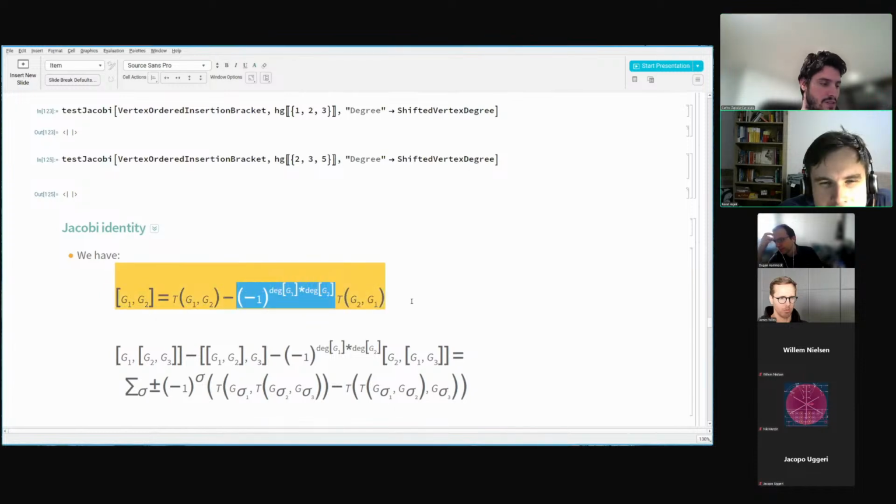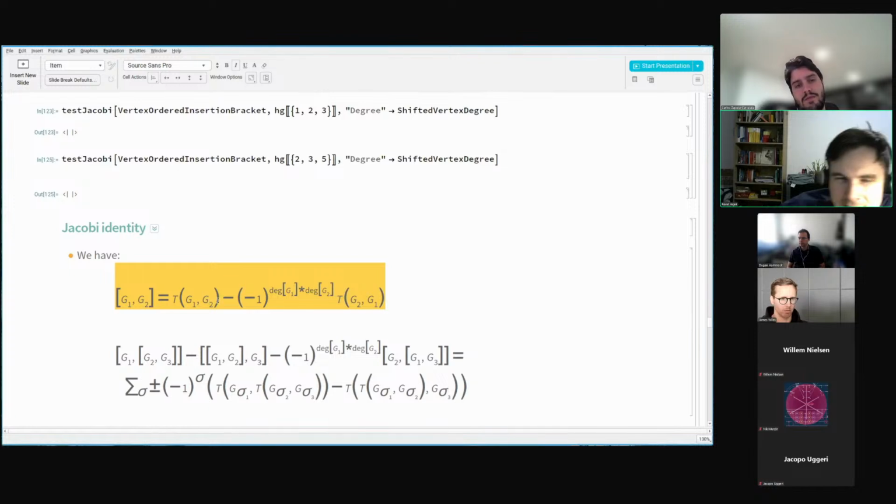In the non-graded case, you just remove the sign here, and your insertion operator just disregards any sign coming out of the construction. Right. So the bracket is the commutator of a non-associative binary operation, right? Yes. So these are what are called admissible Lie algebras, right?